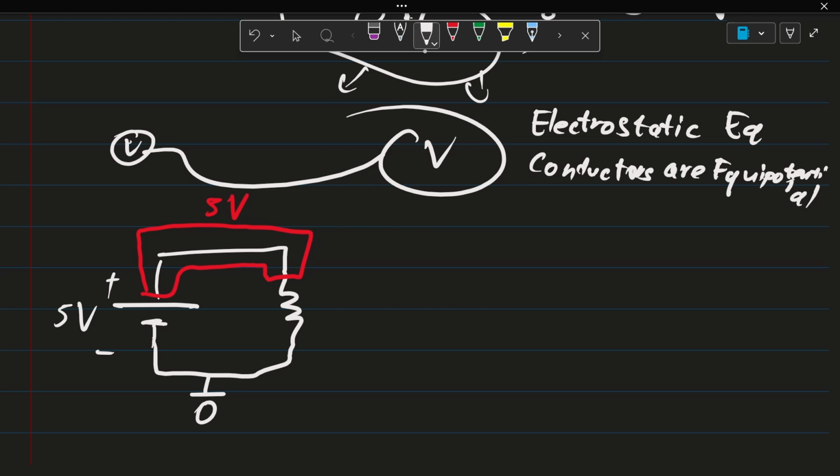It pretty much means that you are setting this value to be 0, because the only thing that matters for electric potential is the change in the voltage.